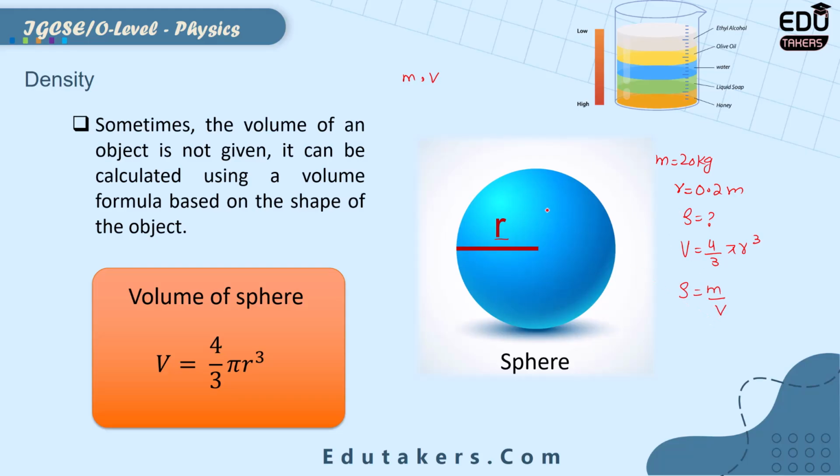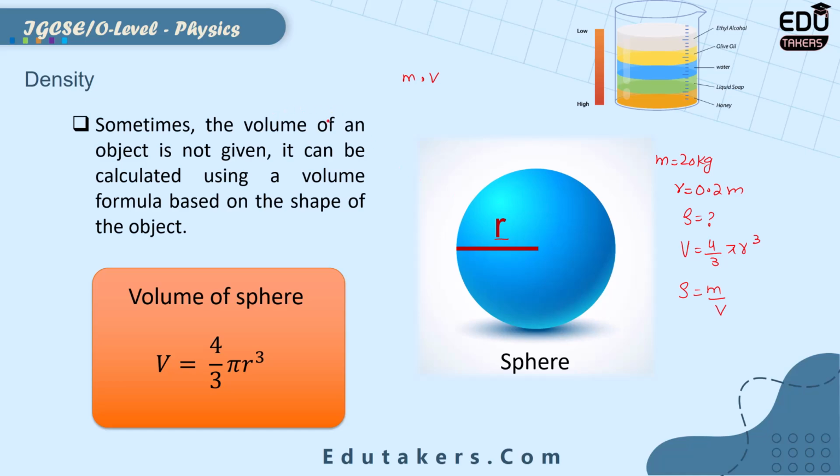Sometimes in the questions, the value of the volume is not given directly, but they tell you about the shape of the body as well as some parameter, just like radius in the case of sphere. Then you can easily calculate the volume by using the formula of that shape. Then put this value of the volume in the formula of the density to find out the density.